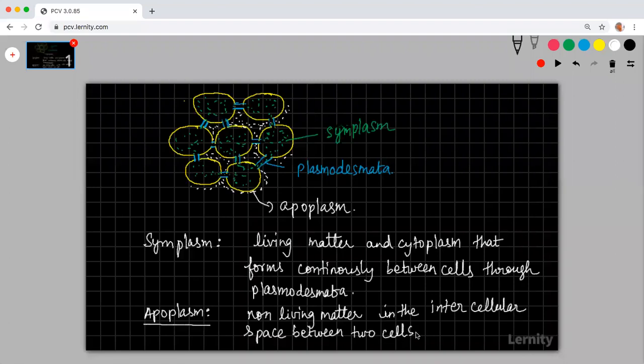Okay, so this is what is symplasm and apoplasm. This is part of cell wall only. Please note it down.